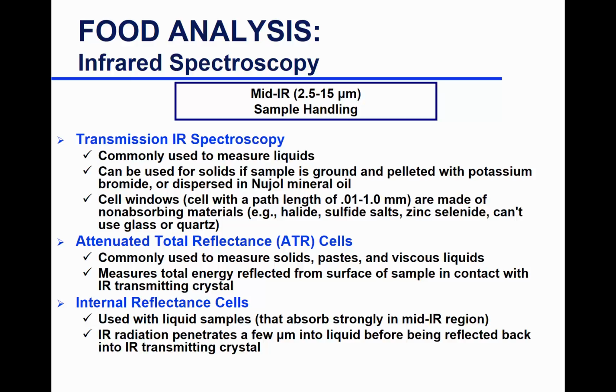Often it's used for liquid, where the light goes through, the sample absorbs radiation, and the transmitted light gets detected. That is very common. One thing is that in mid-IR, we cannot use glass or quartz. They absorb mid-IR radiation, so you need to use cells with a composition that does not absorb mid-IR.